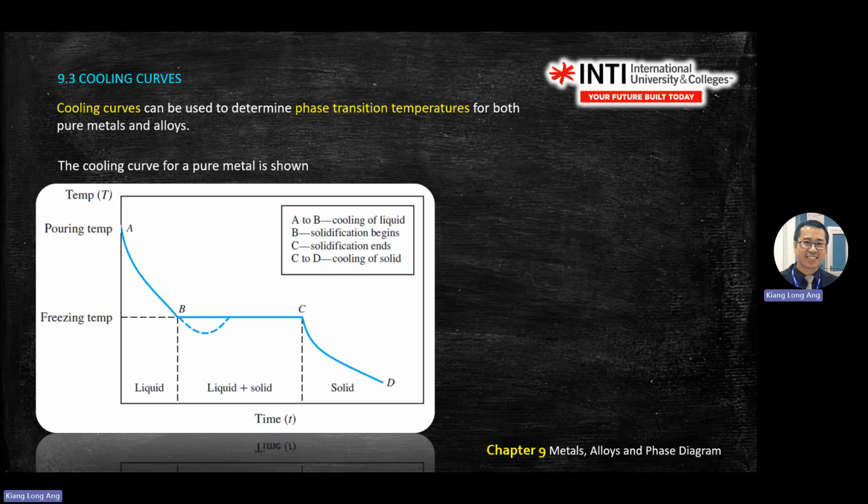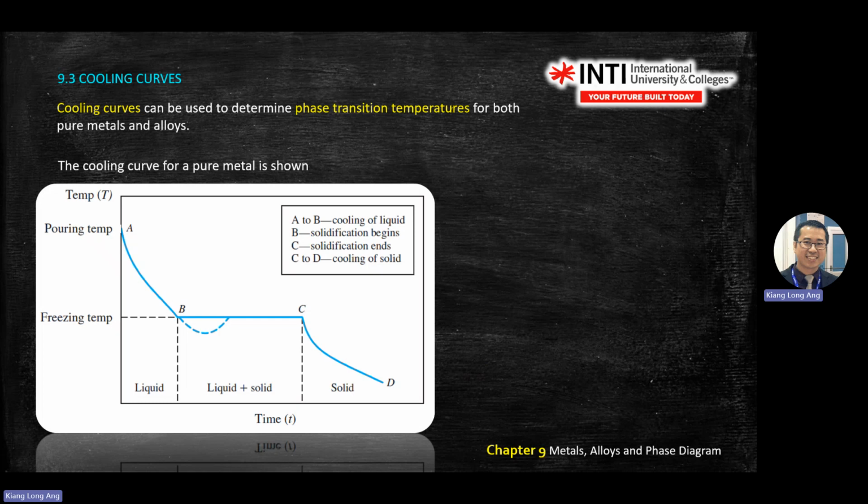What is important is the changing phases. A to B is cooling of the liquid. Then B to C, at B solidification begins, meaning you start to see small particles grow inside the liquid, like ice starting to grow, like small chicken pox.